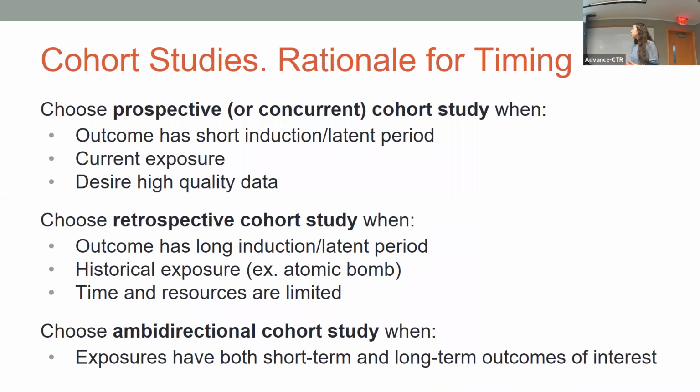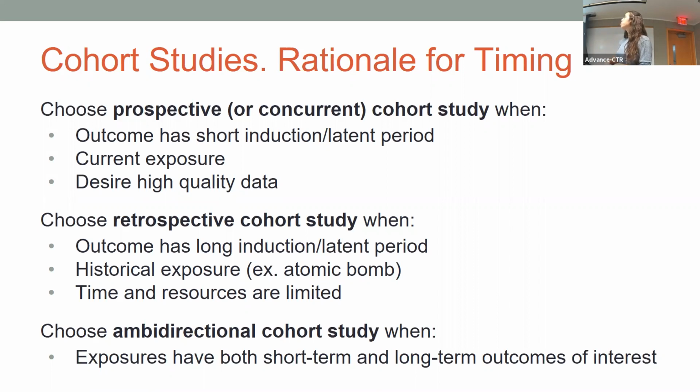So I kind of mentioned some of these, but the timing is going to matter. When you are deciding whether or not you want to conduct a prospective, a retrospective, or an ambidirectional cohort study, there are some considerations. With a prospective cohort study, it's going to work really well if the outcome develops pretty quickly after having been exposed, because then you can gather your information very quickly.